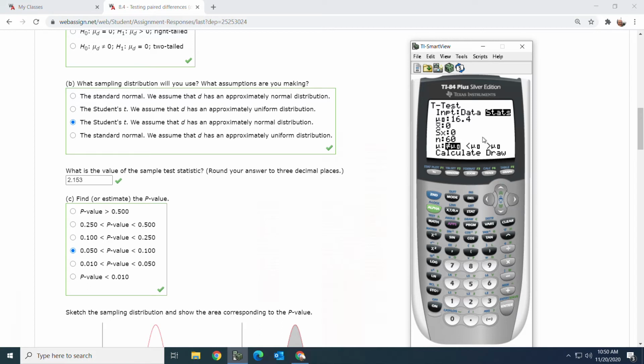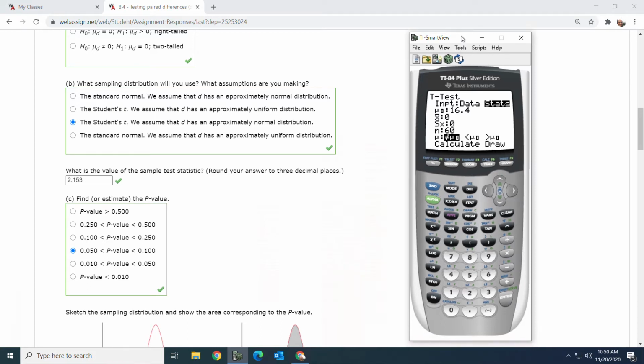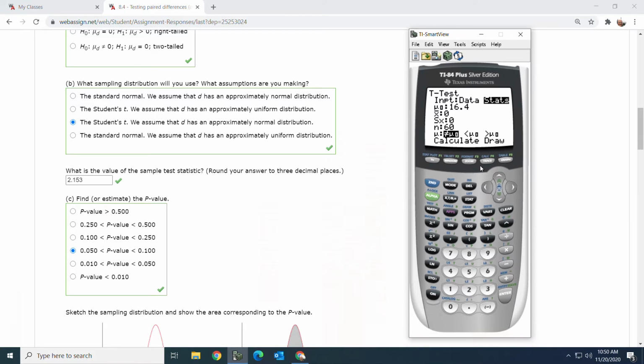Since we have typed in data, if the summary stats weren't given, we've actually had to type it in. Toggle over to Data, hit Enter. We were asked to compare difference versus not different, so 0.